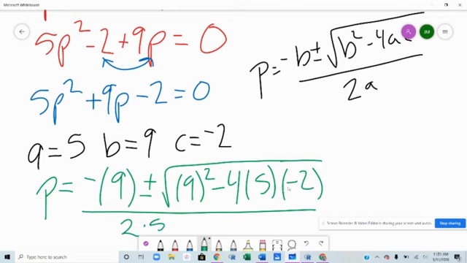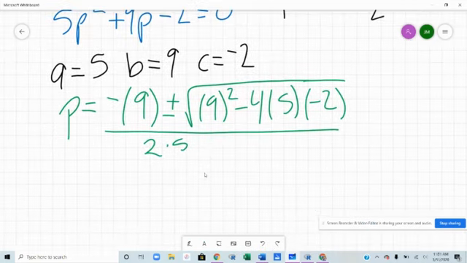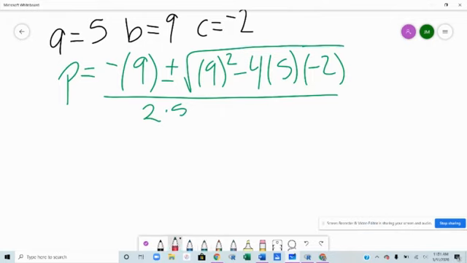Now back up here, I'm using parentheses, but in these two places, it's not necessary. You could just do 4 and then a times sign 5 and then a times sign -2. Either option works here. In this one, you need to make sure you are using parentheses because you're going to square it, okay?